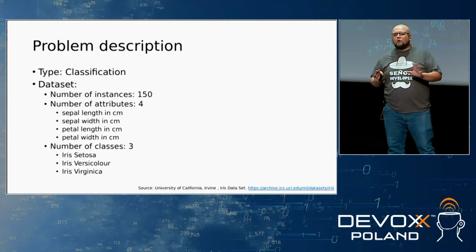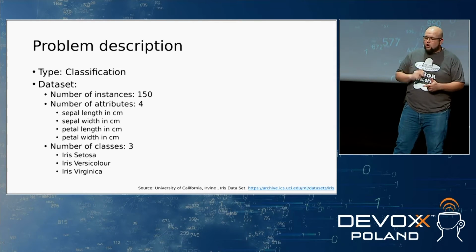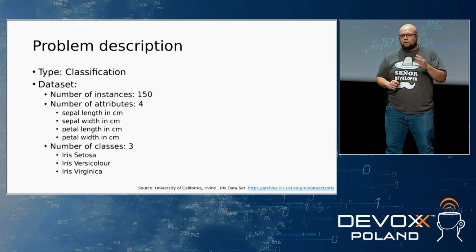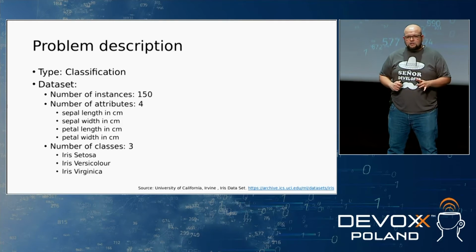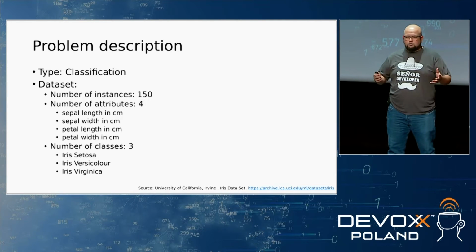So looking at the problem a little bit more formally, it is of type classification. She has 150 instances, rows, and she has 4 attributes on each row: the length and width of sepal and petal. And she has 3 classes, the 3 types of flower that her father found.